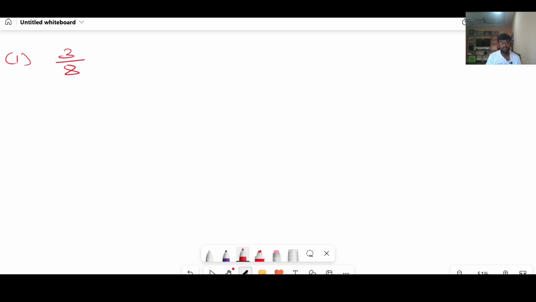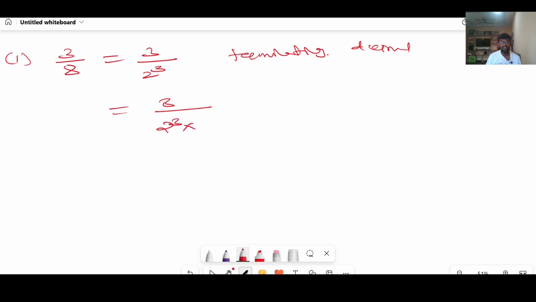First, by looking at this question, I can write it as 3 by 2 cubed, terminating decimal. And again, I wanted to find out the decimal form of this number. I will multiply denominator and numerator by 5 power 3 to make the denominator end with zeros. 5 fives are 25, 25 times 5 will become 375.